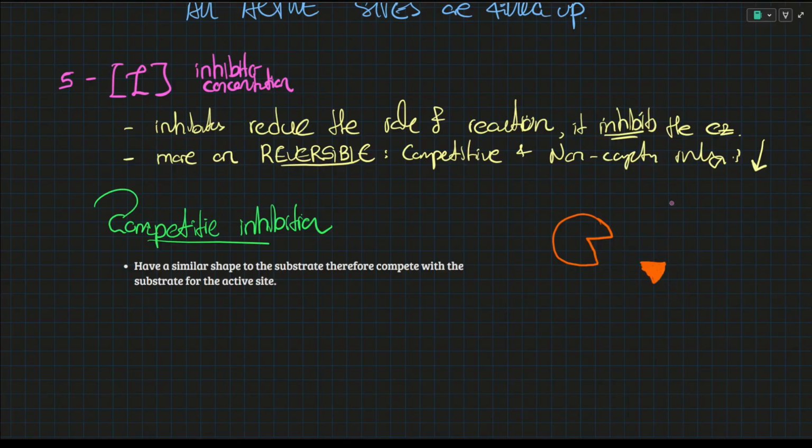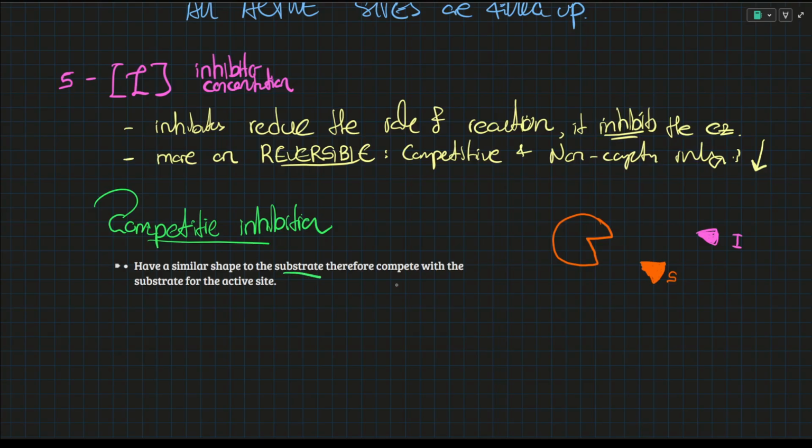On the same end, we have, I'll name the substrate S, something that looks exactly similar to that, but it's not actually the substrate. This is the inhibitor. Now, do you see? This guy can go and bind to this. If that happens, the substrate is not going to be able to bind and form the product. That's the theory of competitive inhibition.